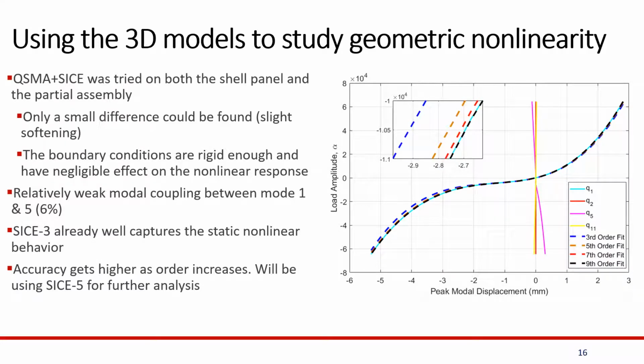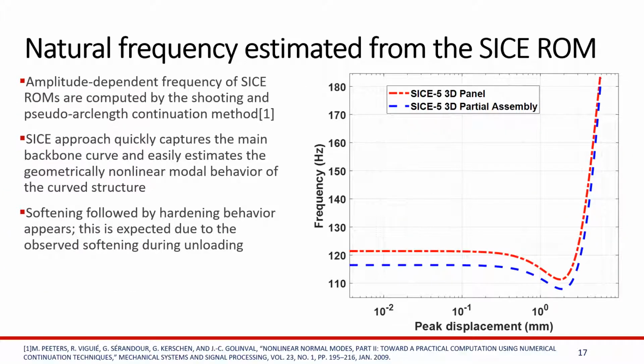Now the third order SICE ROM is already able to capture the static nonlinear behavior quite well, and the accuracy goes on increasing as we use higher order ROMs. We will be using fifth order SICE ROMs for all further analyses. Once we get the SICE ROM, the amplitude dependent frequency is calculated using shooting and pseudo arc length continuation method.